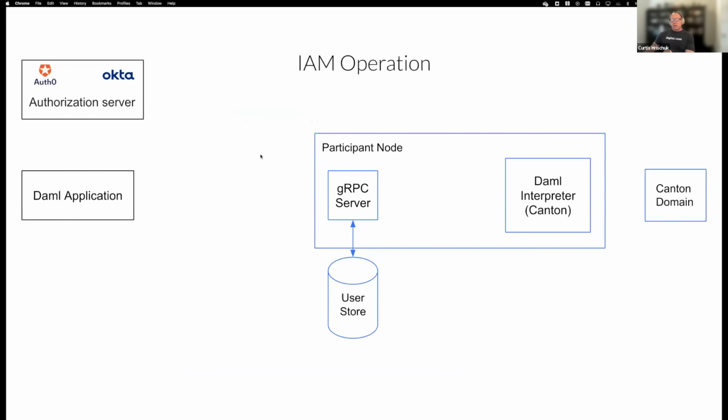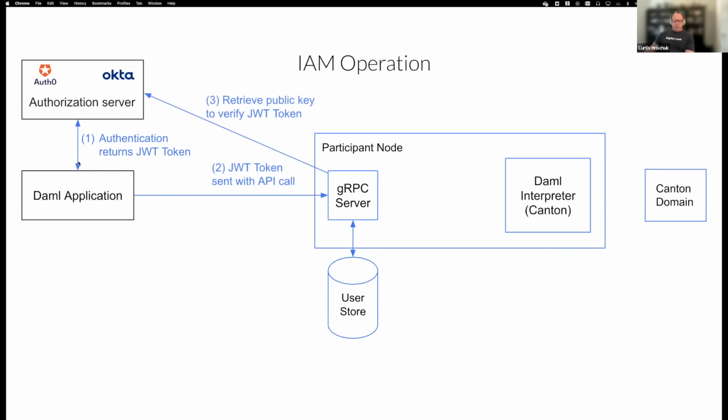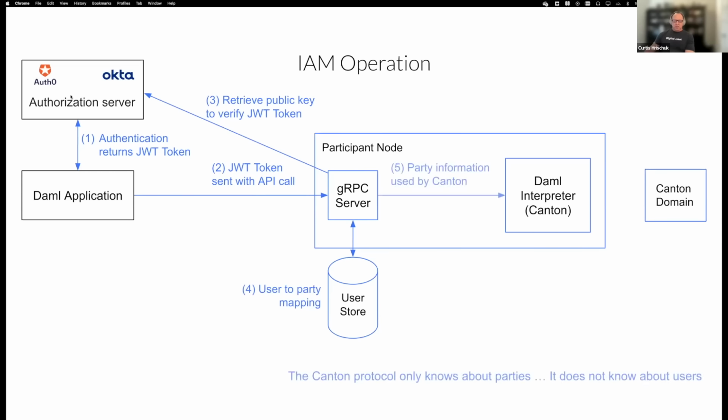Now, this slide illustrates how IAM operates. As mentioned, first, the Daml application contacts the authorization server to get an access token called a JSON Web Token, or JWT. As you see, the API request has a JWT token that the gRPC server receives. The gRPC server extracts that token, retrieves the public key from the authorization server, and validates the JWT token.